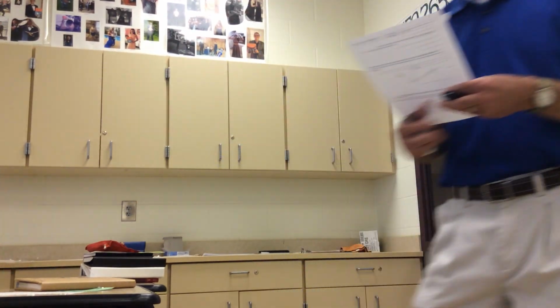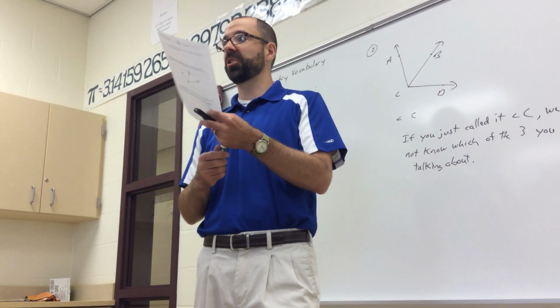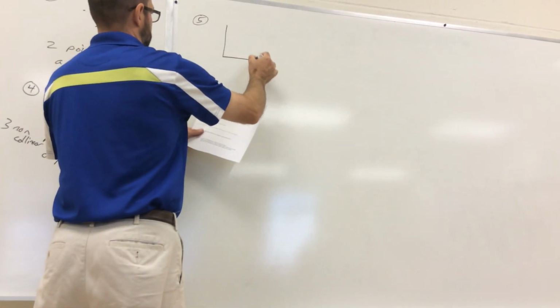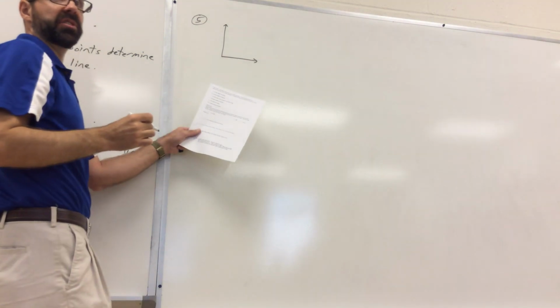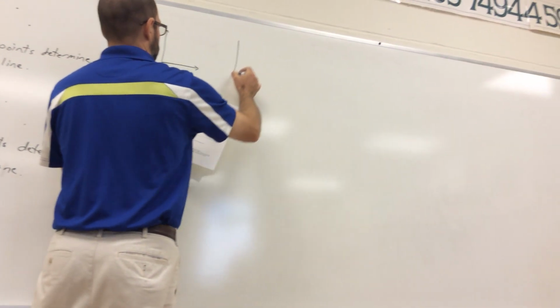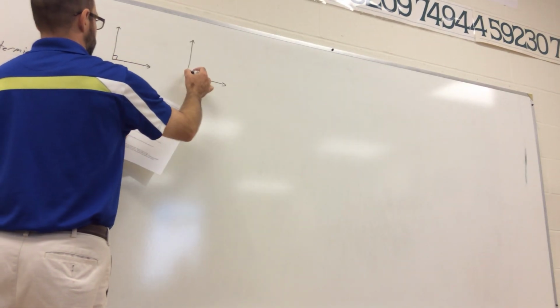So that's not bad. All right, so for number 5, it says all right angles are congruent. So let's draw 2 right angles. Remember, a right angle is a perfect corner. So there's 2 right angles.